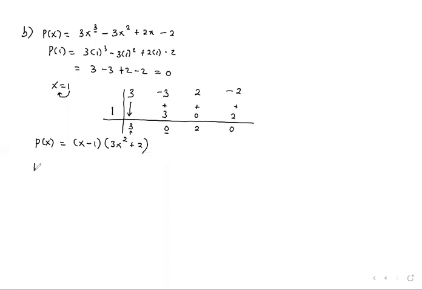Then equate this to 0 to find x-intercepts. So we'll have x minus 1, 3x squared plus 2 is equal to 0.